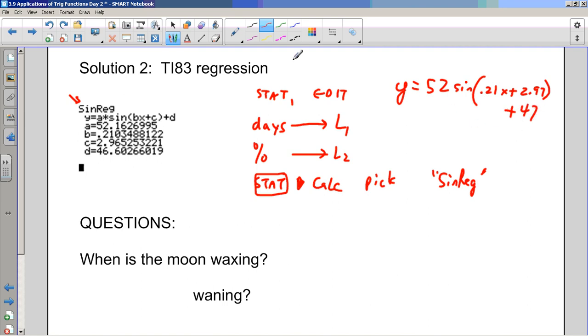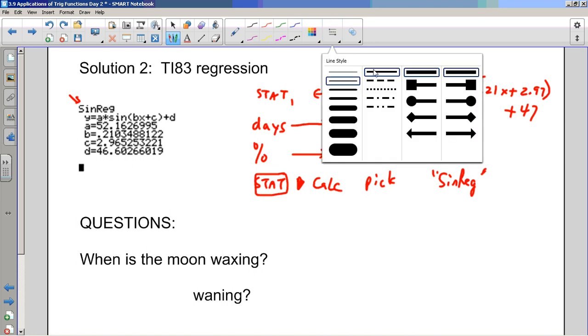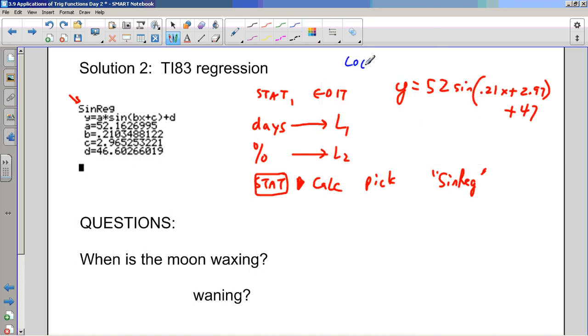So notice how close this is. Our logic model was this one: negative 50 cos 2 pi over 30 times x minus 8 days, plus 50. Notice that our amplitude and our vertical shift should be the same.